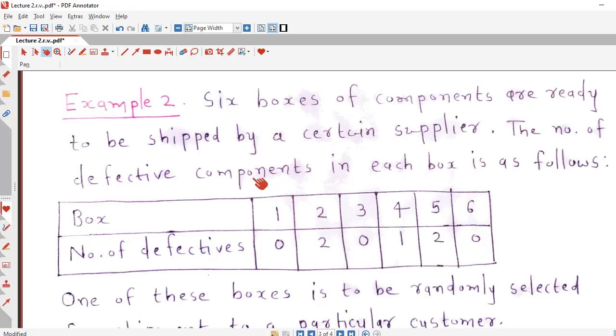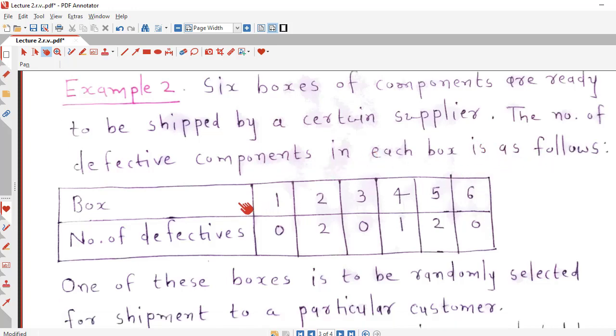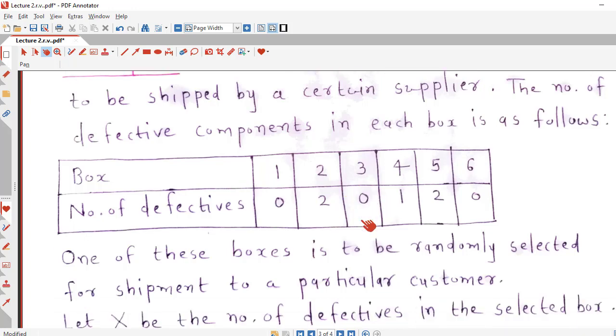The number of defective components in each box is given in this table. In box 1 there are 0 defective components. In box 2 there are 2 defective components, and similarly for the others, defective components are given.